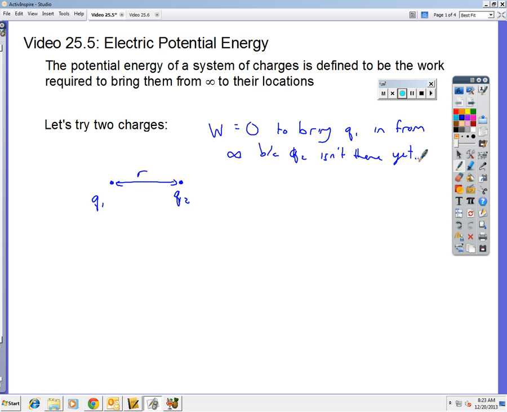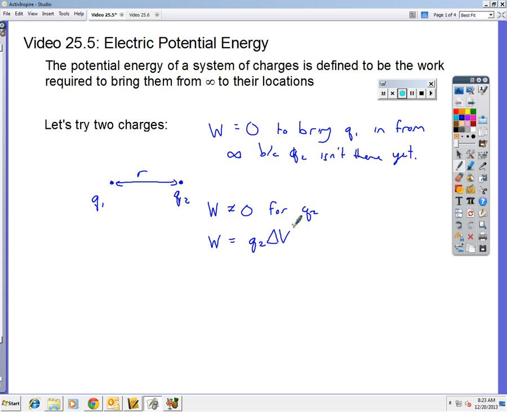And that tells us one very interesting thing, and that is that the electric potential energy of an isolated charge is a meaningless concept. Now the amount of work required to bring Q2 in from infinity is equal to Q2 times the change in potential we move it through.